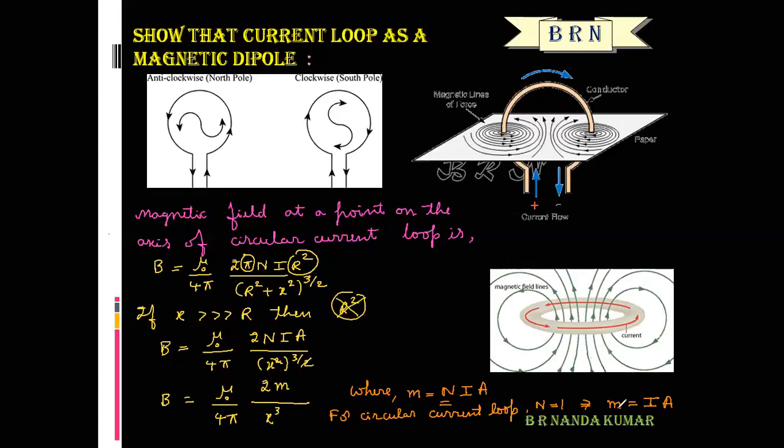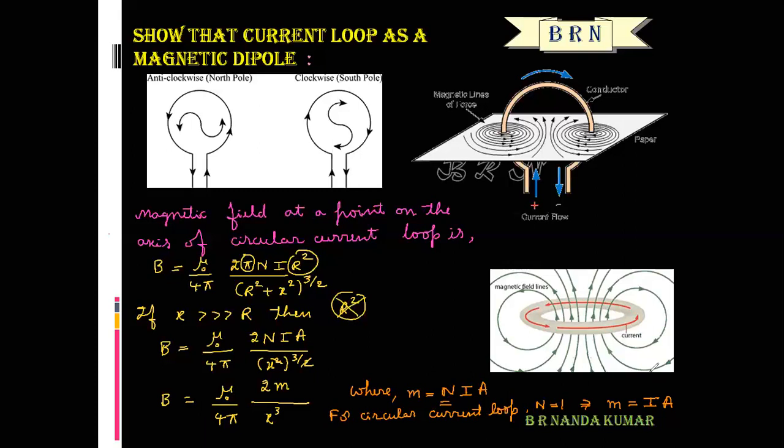So the direction of magnetic dipole moment is the same as that of the direction of the normal. Normal is always perpendicular to the plane of the loop.